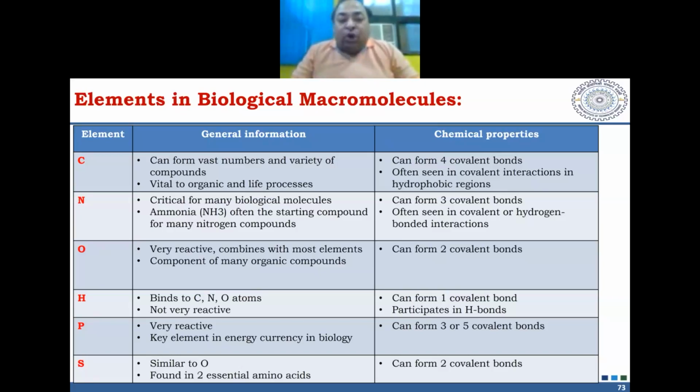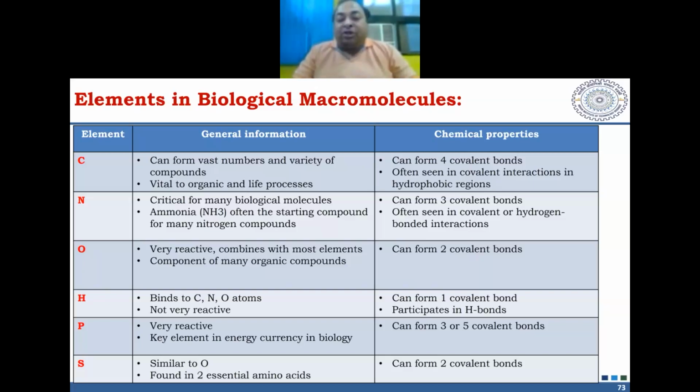Elements in biological macromolecules. Carbon can form a vast number and variety of compounds, as you all know already. Vital to organic and life processes, carbon is the base of organic and life processes. It can form four covalent bonds.